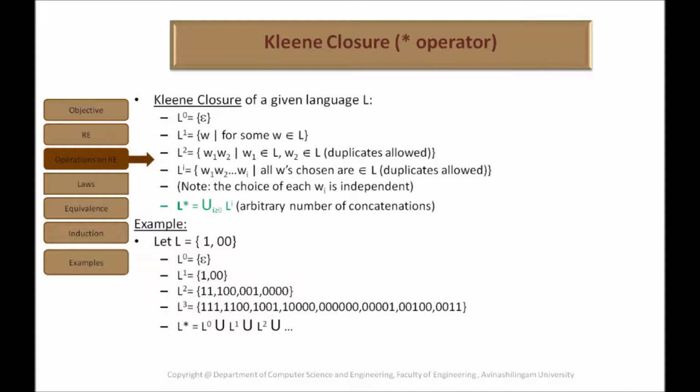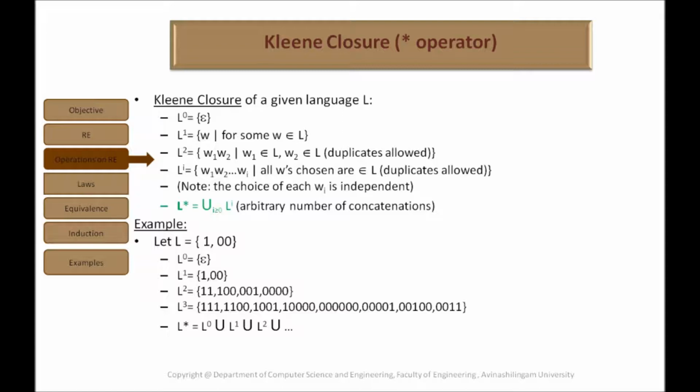For example, we can see L is equal to {1, 00}. Then L power 0 is equal to empty. L power 1 is equal to {1, 00}. L power 2 is equal to {11, 100, 001, 0000}, etc. it goes on. L power 3 is also represented here.